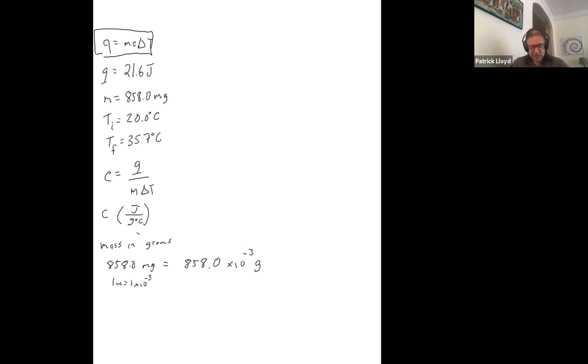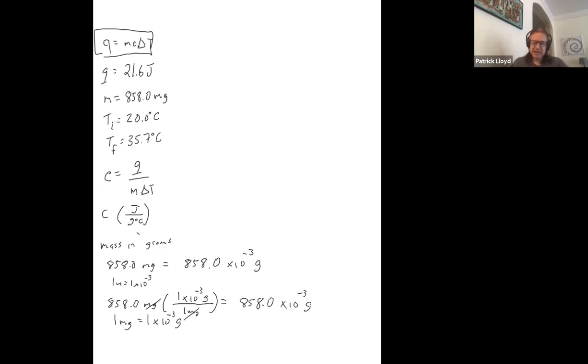You can do it a different way, which is you can take your 858.0 milligrams and you say essentially 1 milligram is 1 times 10 to the minus 3 grams, right? That's a milligram. So if you multiply your 858.0 milligrams and put the grams in the numerator, you get the same answer, 858.0 times 10 to the minus 3 grams.